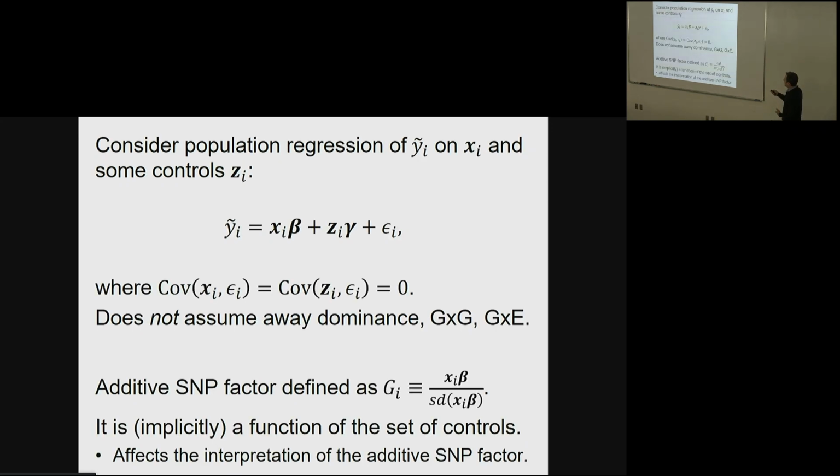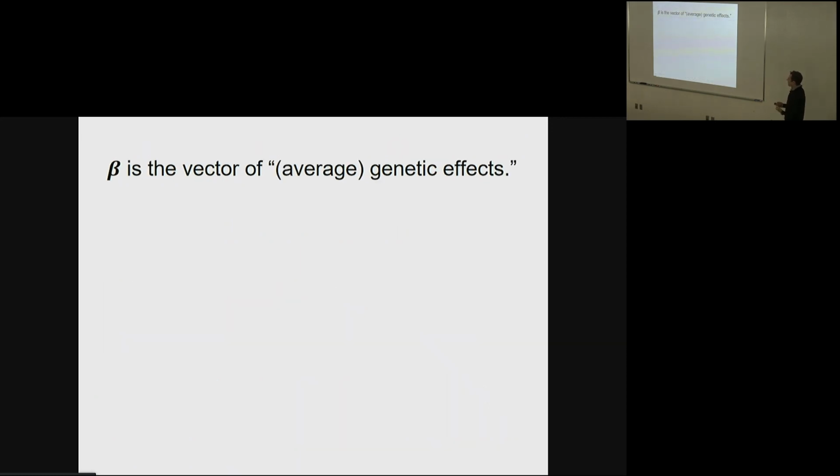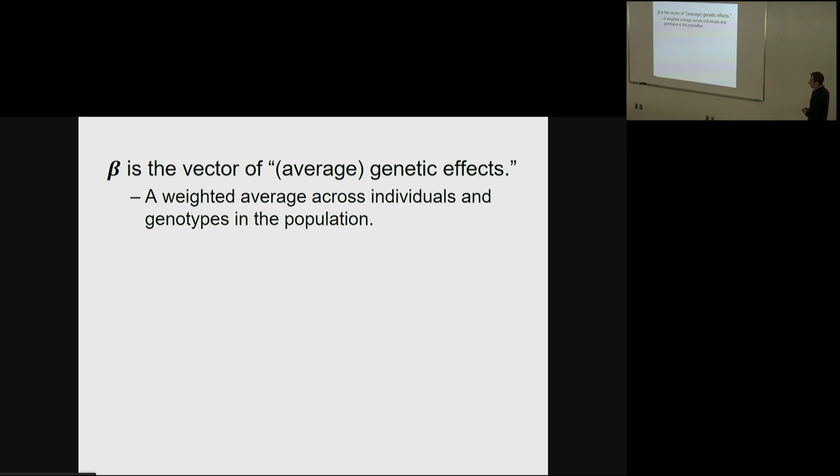Okay, so the way to think about the betas in this additive model is that they're average genetic effects. They're averaged across the individuals in the population. They're averaged across the genotypes in the population because there could be gene-gene interactions that we're averaging over. It's averaging across environments.